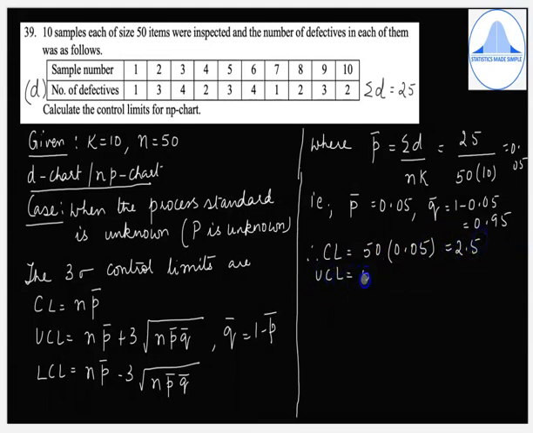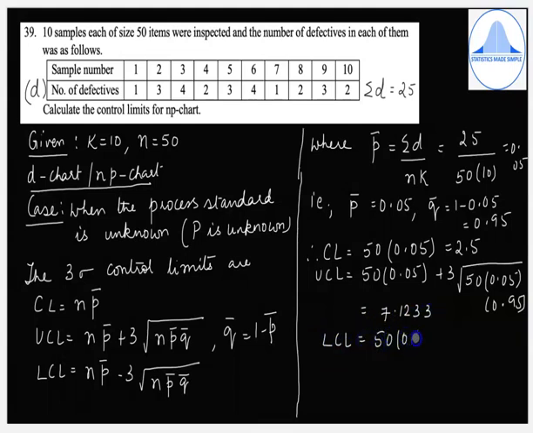UCL is equal to 50 into 0.05 plus 3 into root 50 into 0.05 into 0.95, which simplifies to 7.1233, and LCL is equal to 50 into 0.05 minus 3 into root 50 into 0.05 into 0.95, which is equal to minus 2.1233, which is approximately equal to 0.